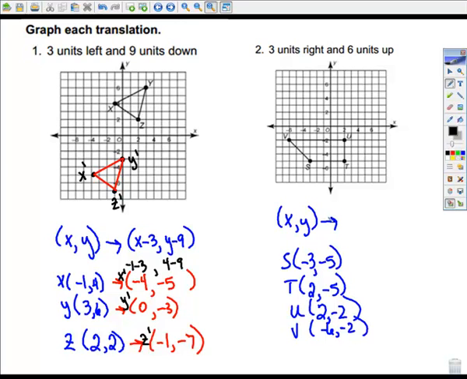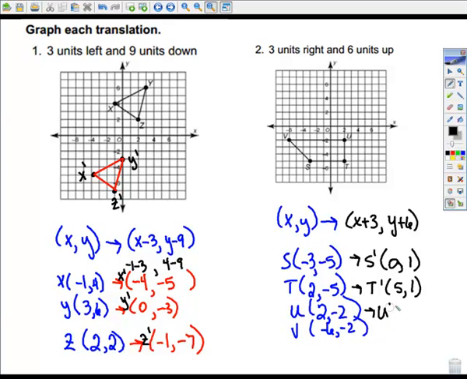Let's go ahead and try this one. We're going to shift 3 units right and 6 units up, so we'll add 3 to the x and add 6 to the y. So this is going to be s prime. -3 plus 3 is 0, and -5 plus 6 is 1. And t prime, 2 plus 3 is 5. -5 plus 6 again is still 1.